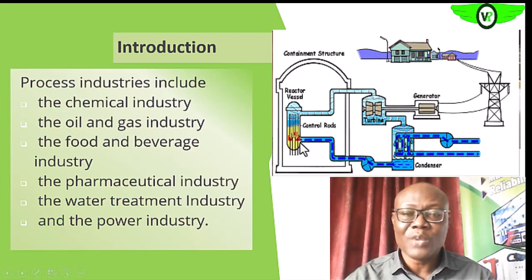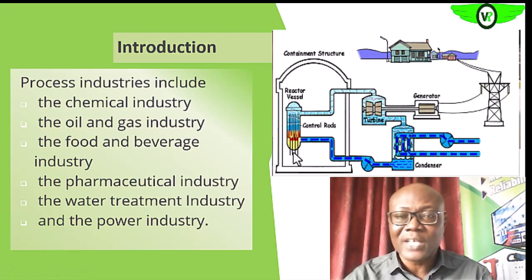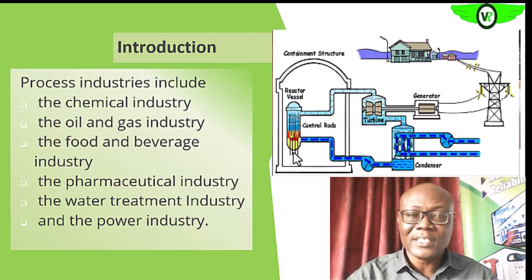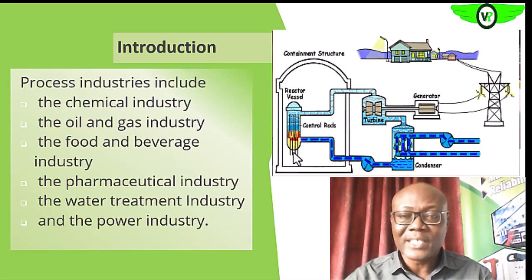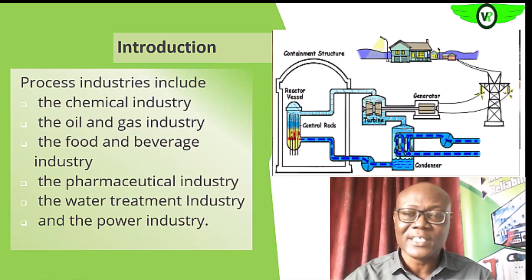So here we see the conversion of that heat energy, which is a result of that nuclear reaction in the reactor. That energy is converted to high kinetic energy in the steam, as you can see. And that fast moving steam with that high energy is directed towards the turbine.